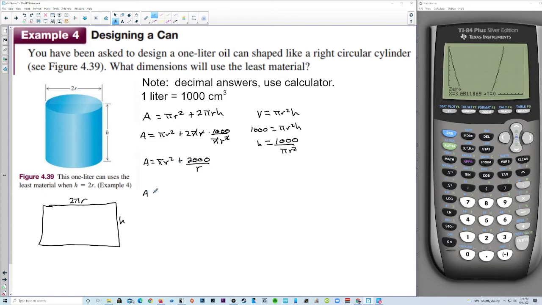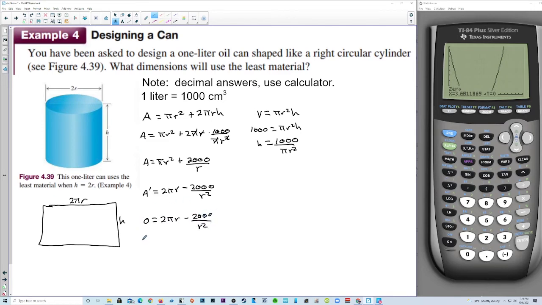Well, now we're trying to minimize the surface area. So A prime is equal to 2 pi r, the derivative, minus 2,000 over r squared. And we want to set that equal to 0. So 2 pi r minus 2,000 over r squared.